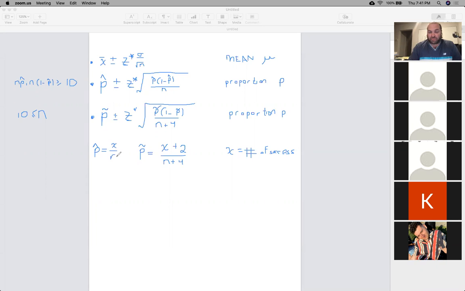It's the number of successes over the number of trials. The beautiful thing about confidence intervals is that you don't need to know where these formulas come from. You just have to know what these formulas are so that you can apply them to different situations. And it will always be obvious which situation is appropriate based upon our conditions.